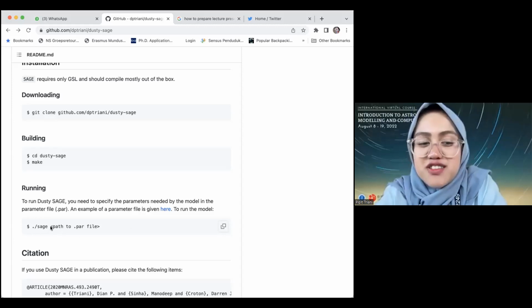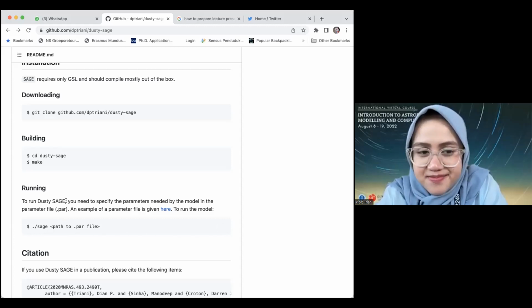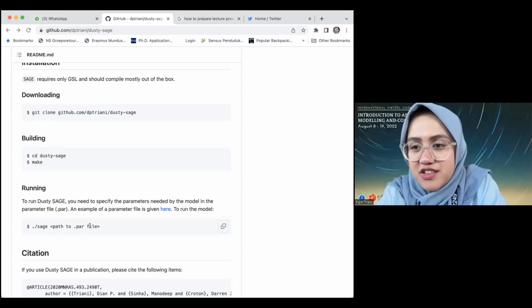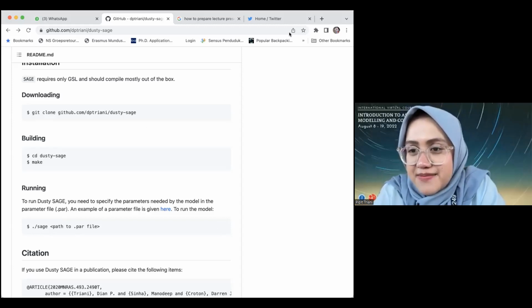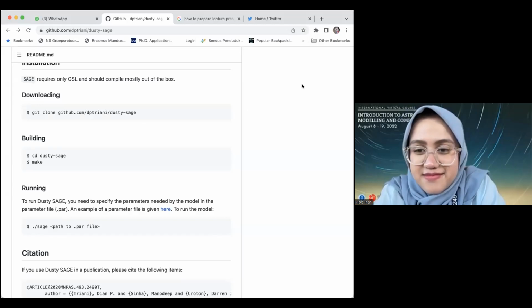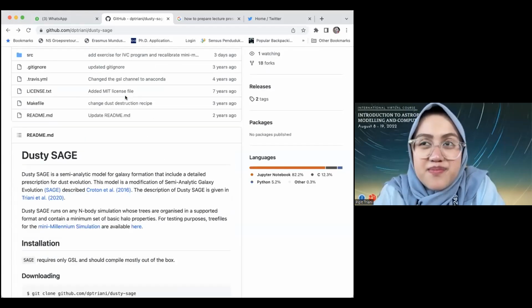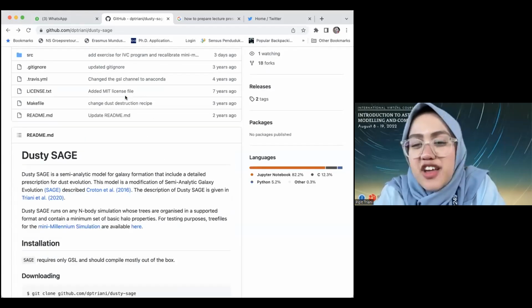Yeah, so you need to copy or just type the path to your directory here, to the mini millennium directory. You don't have to copy the whole code.